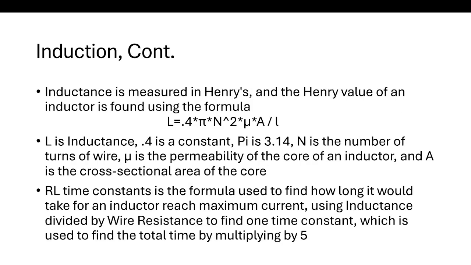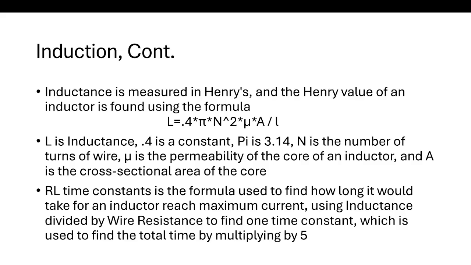So, inductance is measured in henries, and the Henry value of an inductor is found using this formula here, which essentially what it's saying is 0.4 is your constant. Pi is a symbol that's used for calculating circular area and stuff like that.